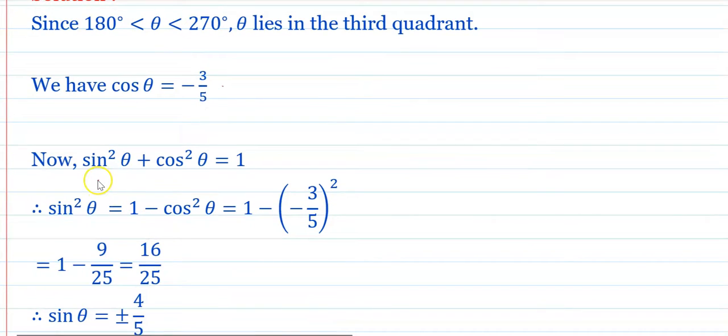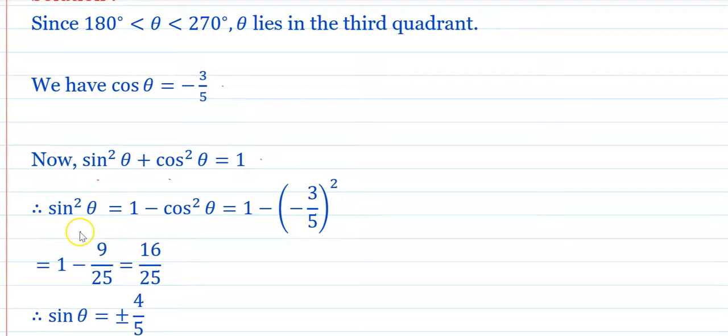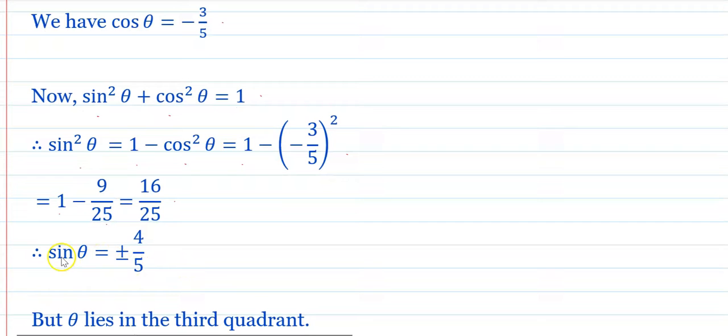Therefore, by the identity sin square theta plus cos square theta is equals to 1, sin square theta is equals to 1 minus cos square theta. That is 1 minus in bracket minus 3 by 5 bracket square, means what? 1 minus 9 by 25, that is equals to 16 upon 25. Therefore, sin theta is equals to plus or minus 4 by 5.